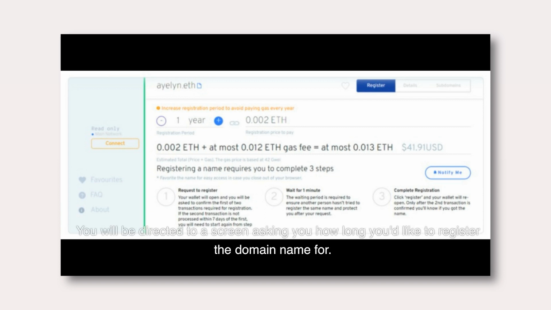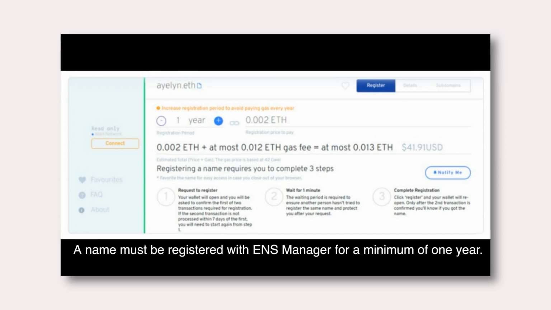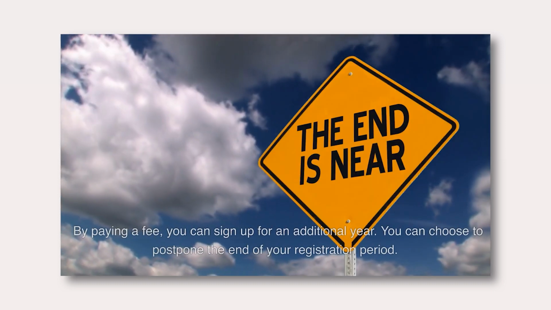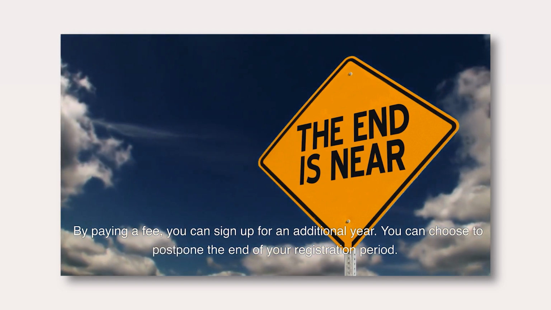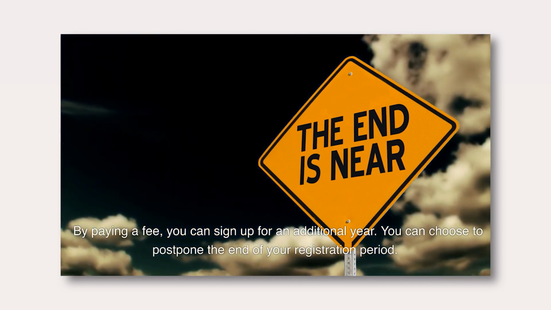You'll be directed to the screen asking you how long you'd like to register the domain for. Using the buttons, choose how many years you want to pay the annual fee for the first time. A name must be registered with ENS Manager for a minimum of 1 year. By paying a fee, you can sign up for an additional year. You can choose to postpone the end of your registration period.